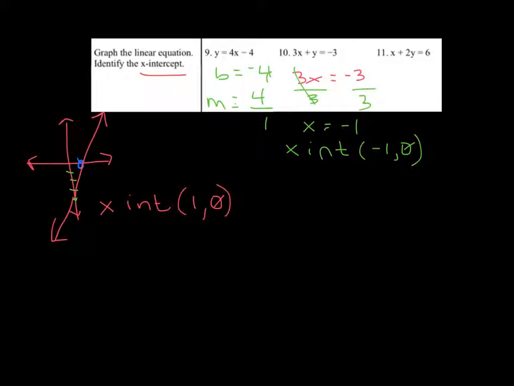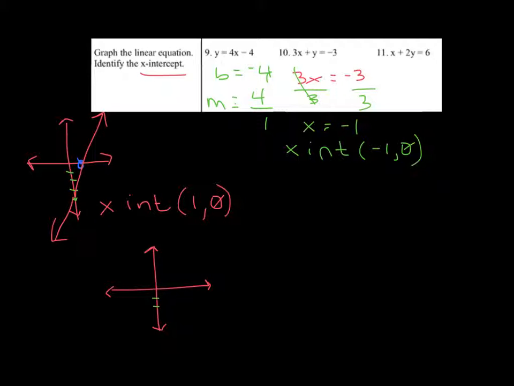Then, if I wanted to find my y-intercept, I would plug in a 0 for x. Well, if I plug in a 0 right there, look at what I'm left with. I'm left with y equals negative 3. So when I graph again, I'm going to draw my coordinate plane. I only need at least 2 points to graph. Here, I knew that my y-intercept, remember I plug in 0 right there for x, and I see y is -3.